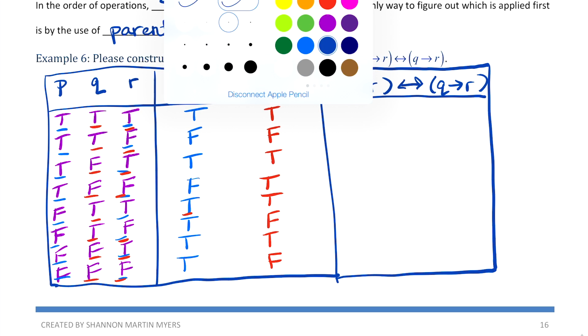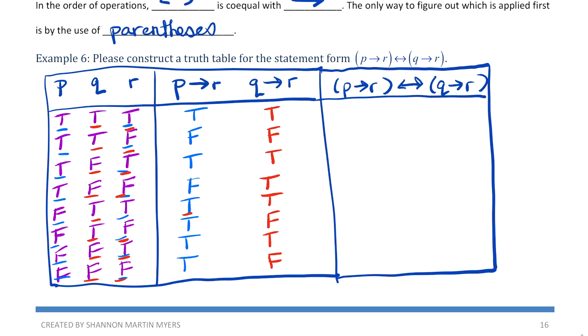So when comparing, we'll have true, true, so we get a true. False, false, so we get a true. True, true gives us a true. Now we've got a false and a true, so that's false. A true and a true is back to true.